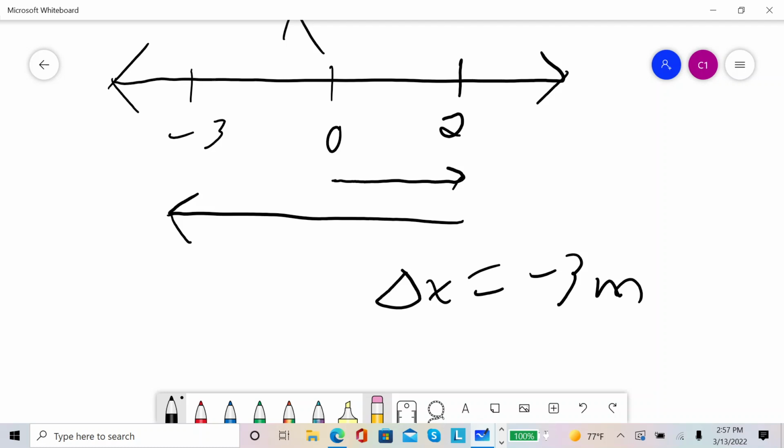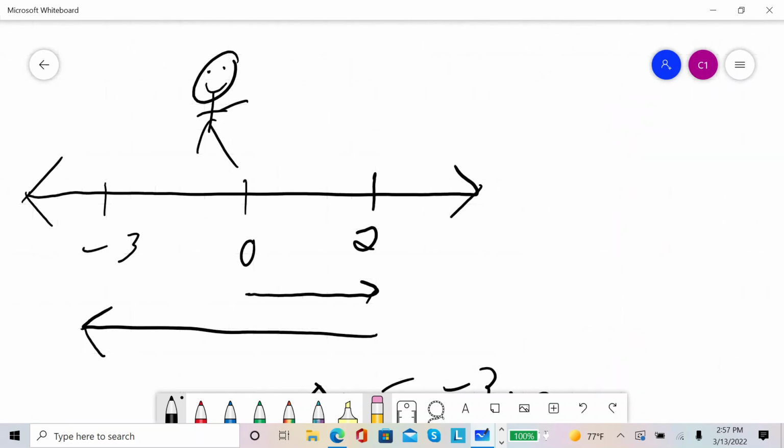Now, if we use the same Bob example, just to clarify the differences between displacement and distance, let's first split up Bob's travel into two different parts. First, this part right here, where he traveled 2 meters, and second, this part.